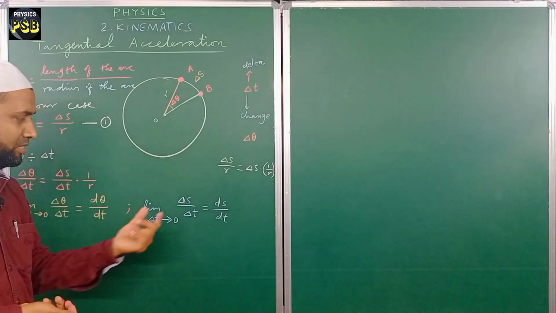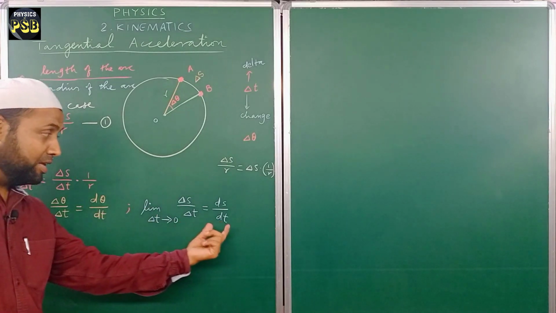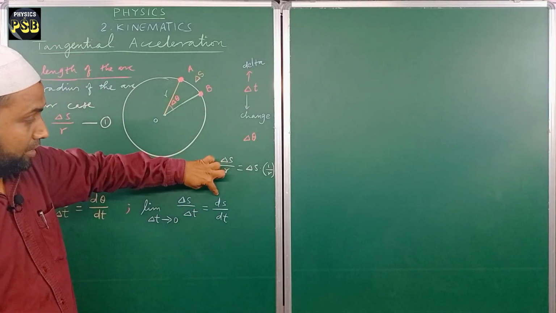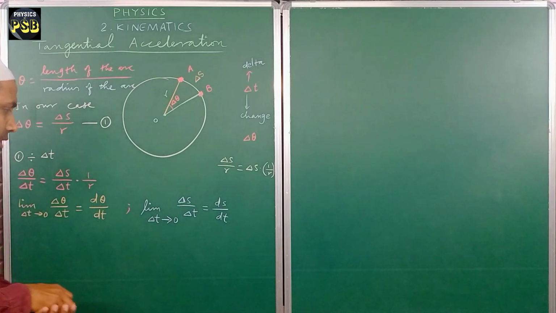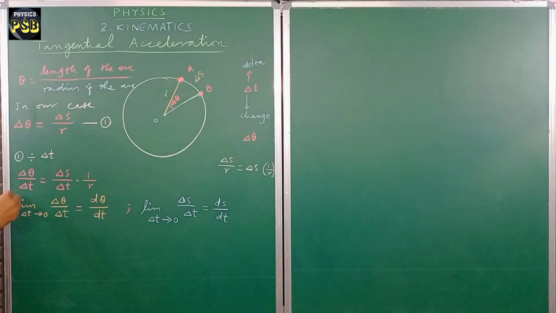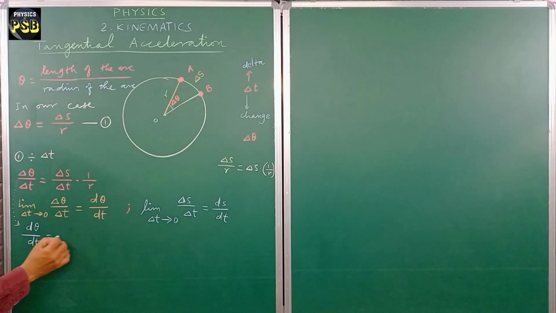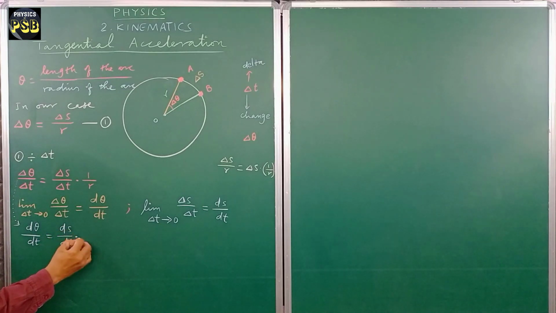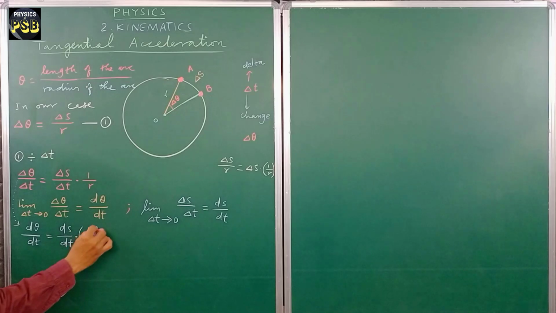For a small change, the delta can be replaced with a d. Here d represents a small change. Clear? So this equation is written in differential form as d theta upon dt equals ds upon dt multiplied with 1 upon r.